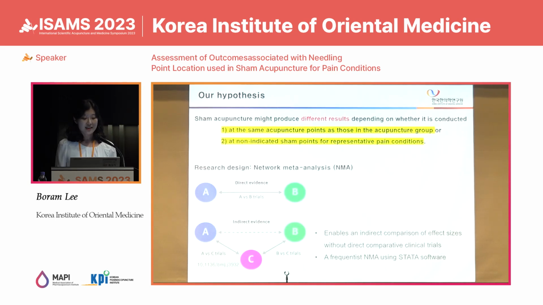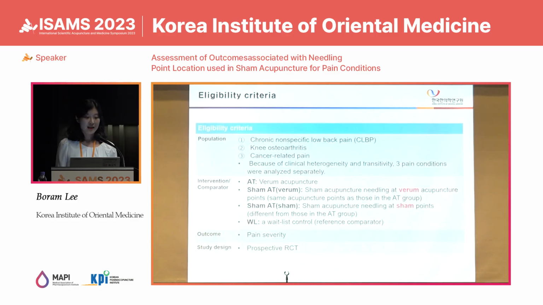And we conducted a frequentist network meta-analysis using Stata software. These are our eligibility criteria of our studies. As for the type of population, chronic non-specific low back pain, knee osteoarthritis, and cancer-related pain were analyzed.